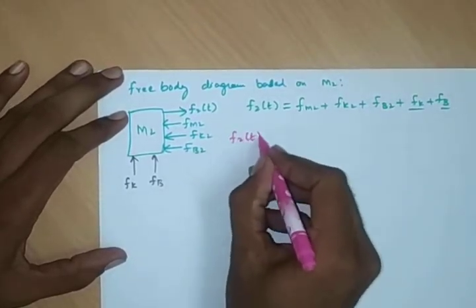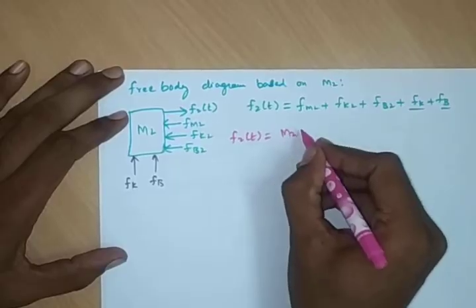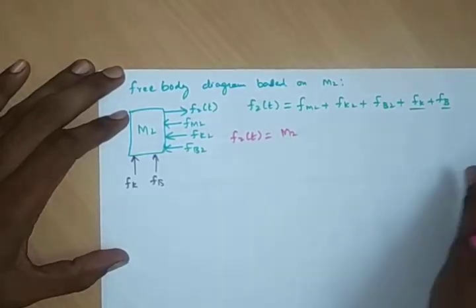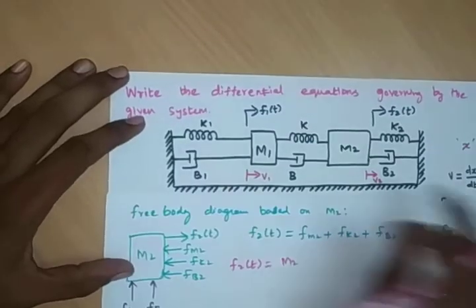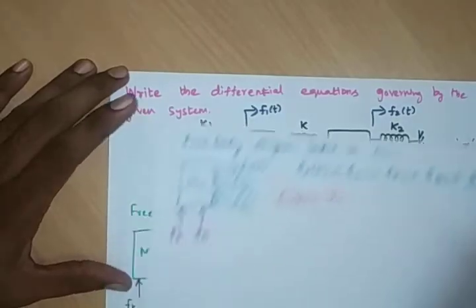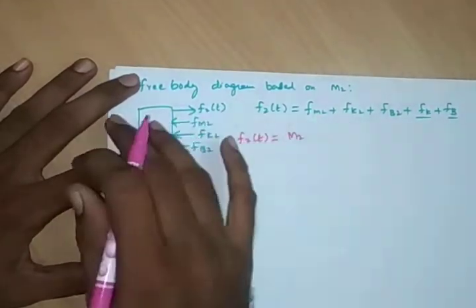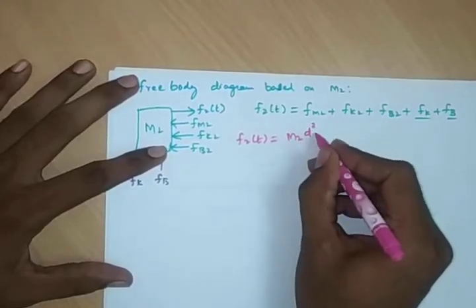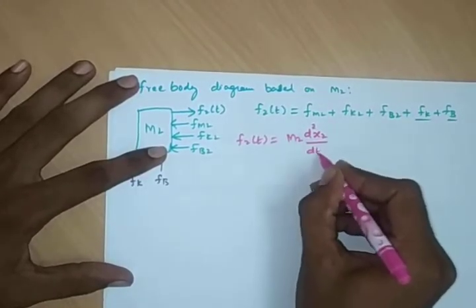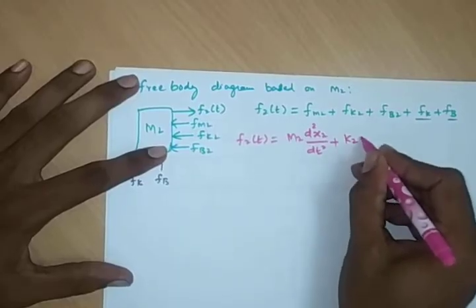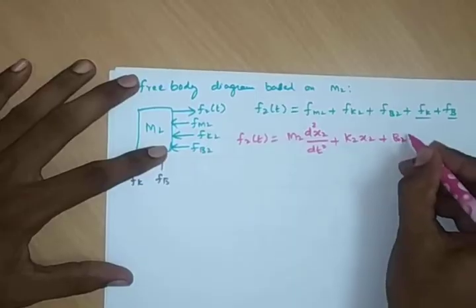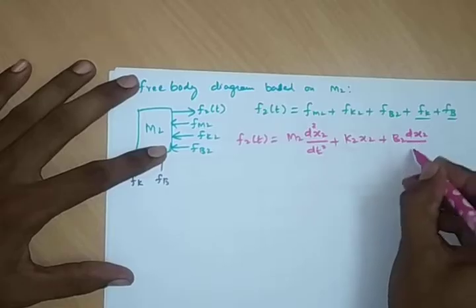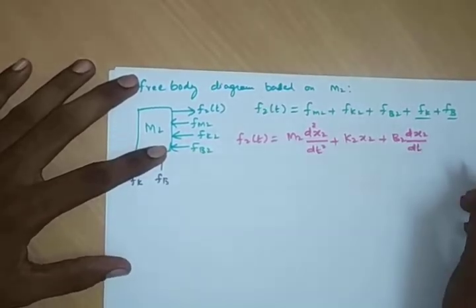We will get F2 of t is equal to m2 into, let us assume the displacement over node 2 is x2. So first we write the expression in terms of x2 displacement. D square x2 divided by dt square plus k2 into x2 plus b2 into dx2 divided by dt. Please refer to the formulas for opposing forces.